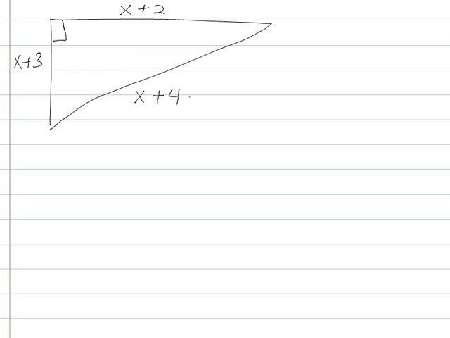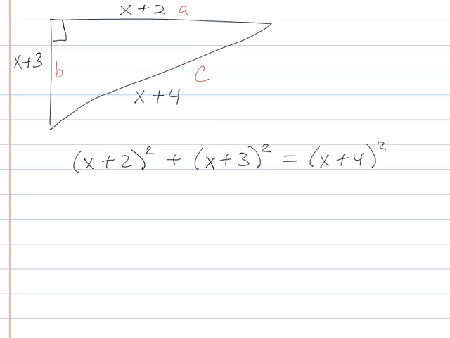Again, I can label the longest side as C, and then the other two sides are A and B. So A squared plus B squared equals C squared.